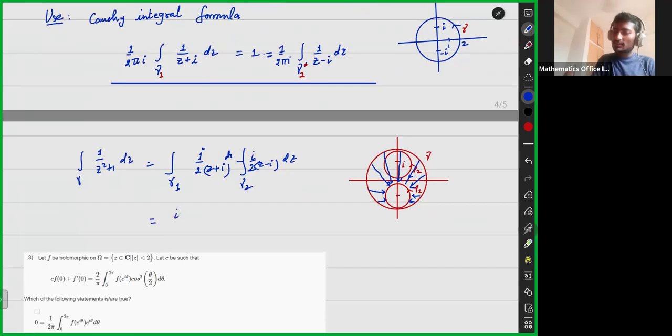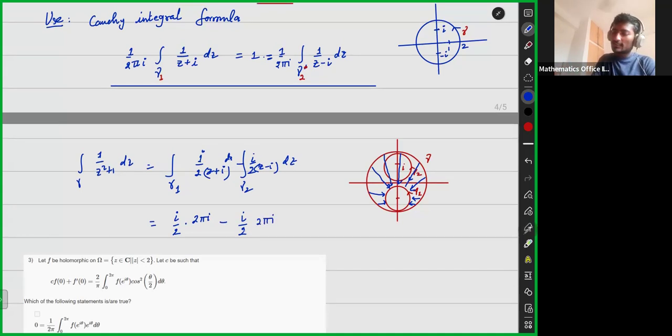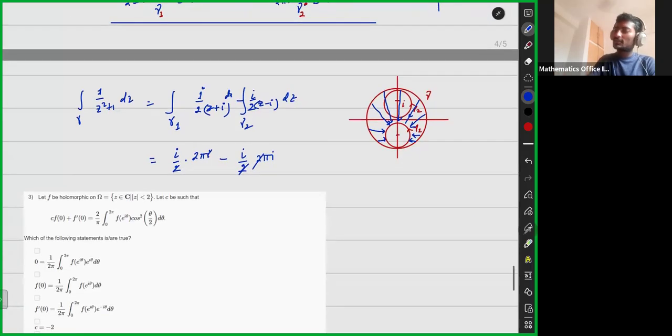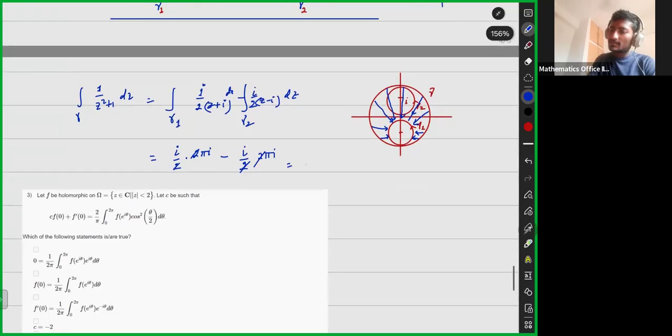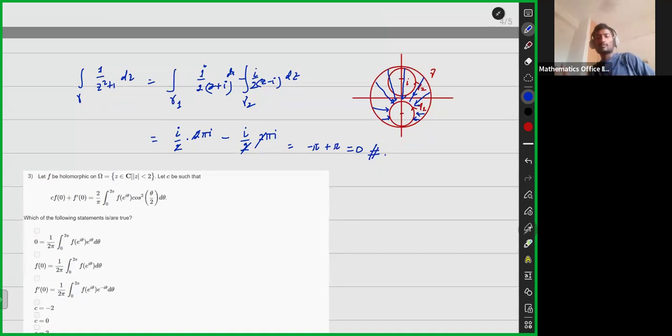You take I by 2 outside, times the integral value 1 upon 2 pi I. The 2 pi I goes to the other side, so 2 pi I is here, minus again I by 2, and the integral value is 2 pi I. The 2s get cancelled, so you get minus pi plus pi. So this is 0. This is the answer.